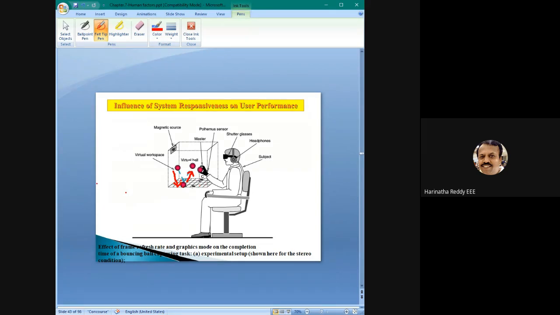So when the ball is moving from one place to another, by using the headphones, you can see here the headphones are placed here, shutter glasses are placed here, a polymer sensor is also included here, and this is the master, the magnetic source is also there, and the virtual space, the workspace, is also included here. In this virtual workspace, the ball is moving randomly at a speed of 25 centimeters per second. So this is the experimental setup.